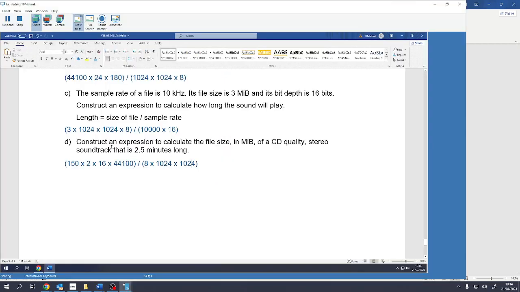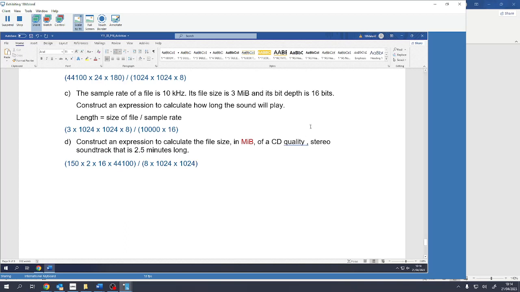All right, let's have a look and see if we agree with this one. It says, construct an expression to calculate the file size in megabytes. So I'm going to use the same colors that I used before, of a CD quality stereo soundtrack that is 2.5 minutes long. Now, I don't know if the specification requires you to remember what this actually means. I think the exam question would tell you, but it's worth knowing what it means.